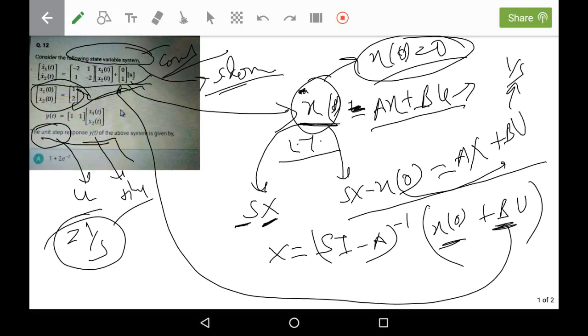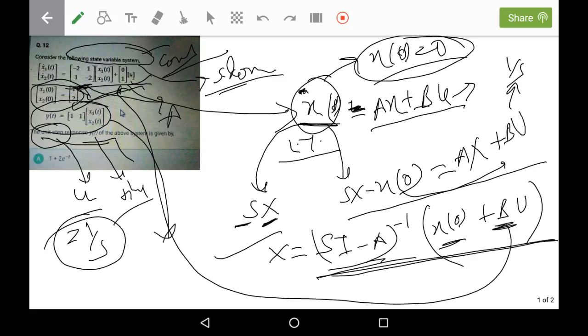And (sI minus A) inverse we can easily determine from here. A is given, so sI minus A matrix we can determine, and further the inverse matrix. So finally we will get the matrix for X. Next, we have to find the output, which can be determined from the general equation, in S domain, Y equals CX.